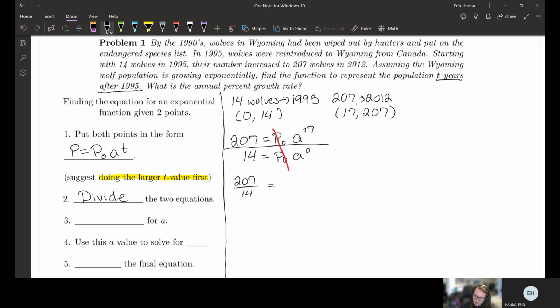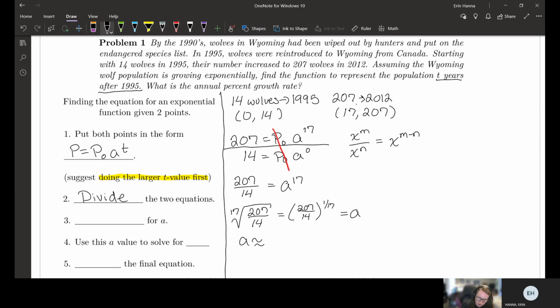If you forget, when you have the same base to 2 different powers and you're dividing, you subtract their exponents. So 17 minus 0 is 17. Then if we take the 17th root of both sides, which for your calculator might be easier to type in as the 1 over 17th power, that's going to give us our a value.